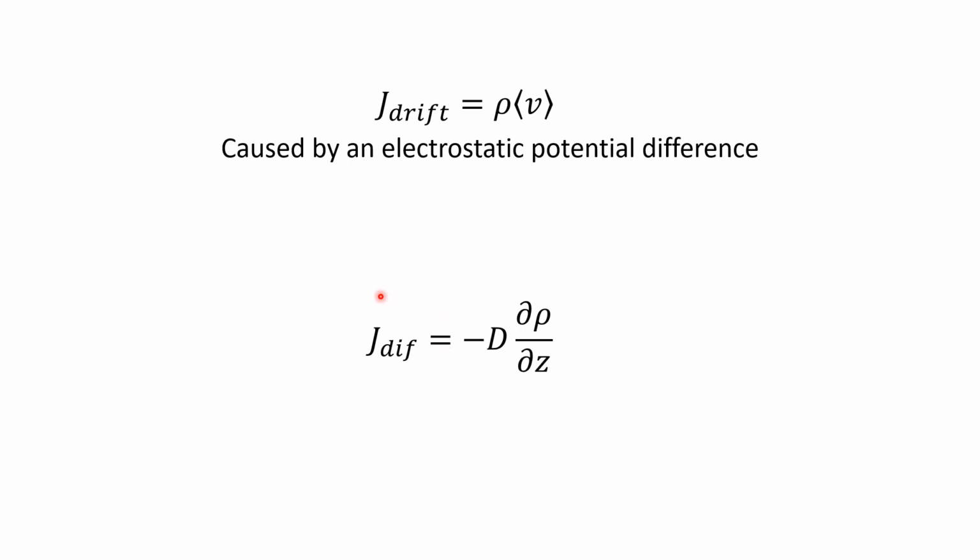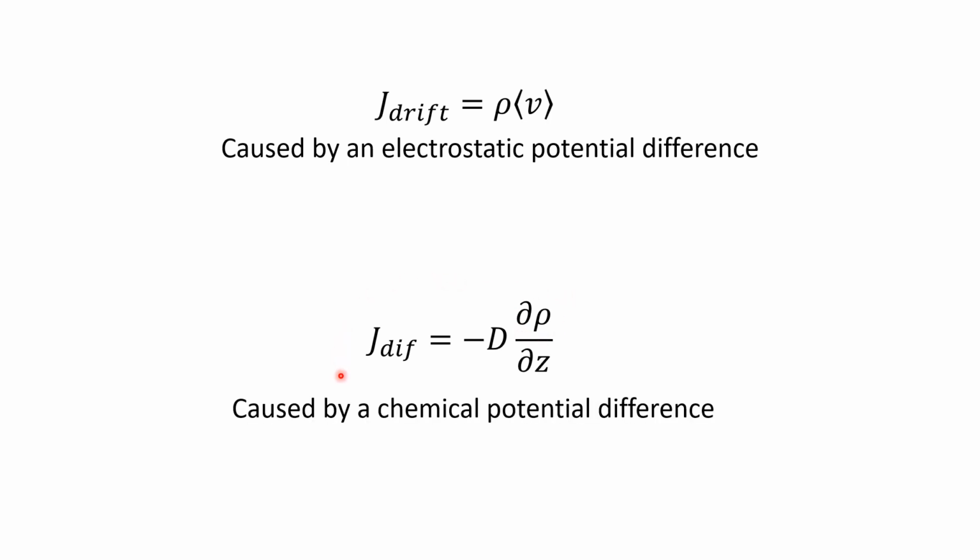Now we also have the diffusion current. The diffusion current is not associated with any force. It is associated with a gradient in the concentration of particles. And we have seen that the concentration of particles is connected with the chemical potential. So a gradient in the chemical potential will manifest as a gradient in the concentration of particles.